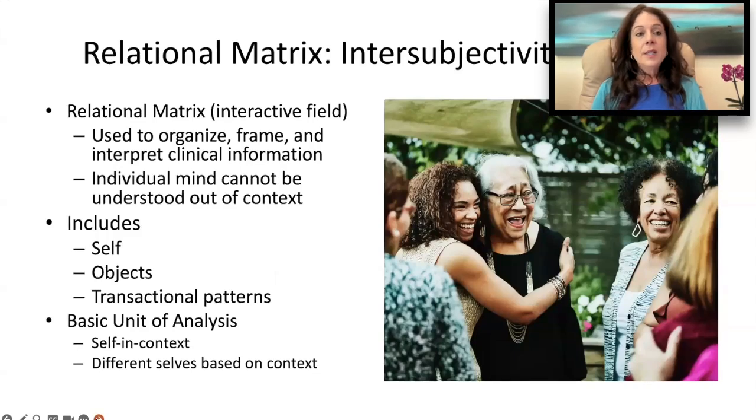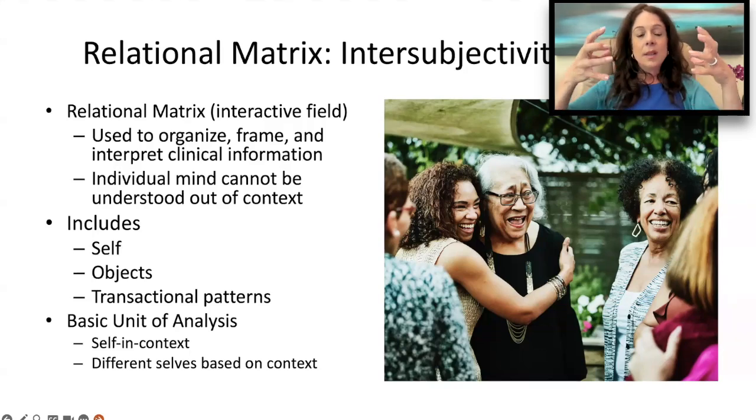Okay. The relational matrix, and so this is intersubjective theory. So this is the postmodern version, right? They talk about this relational matrix as how they're understanding their clients, and that we all have this kind of relational matrix that we use to organize and frame and interpret the clinical information. But the individual mind cannot be understood out of this context.